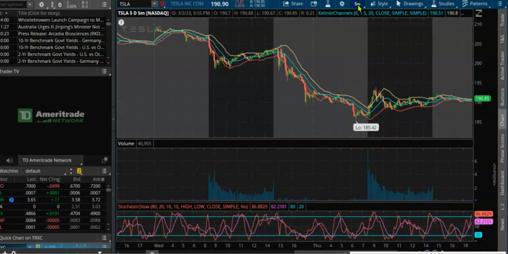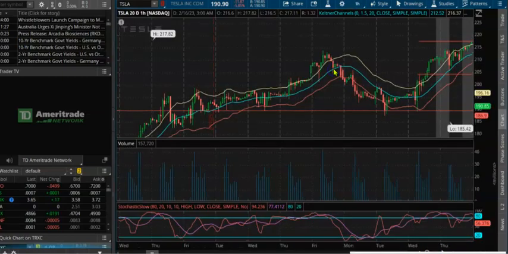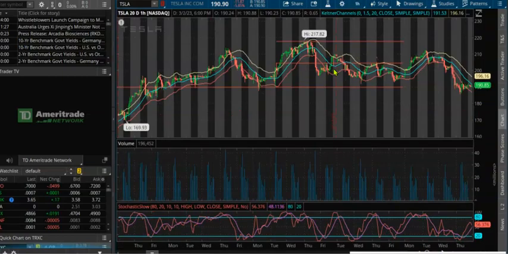On the hourly, when you're looking at the Celts, we're just seeing where and when it goes below.